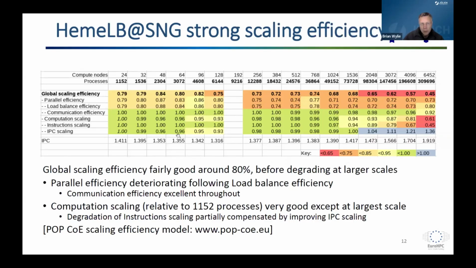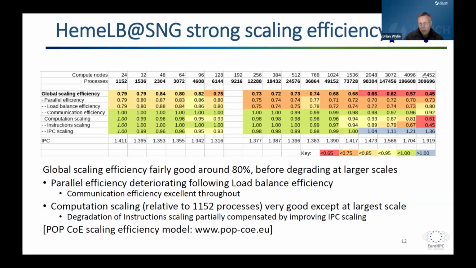So these are the efficiency metrics that Marta was mentioning here, for the different configurations from a single node with 24. The smallest configuration was 24 compute nodes, 1,000 or more processes. That was the smallest configuration that would actually run this large simulation because it had to be stored in process memory.